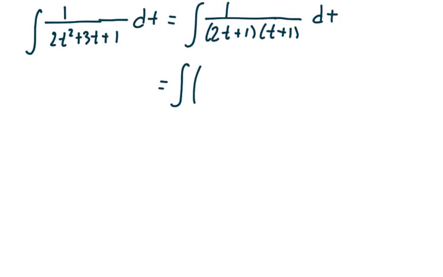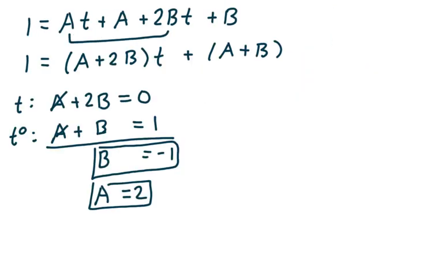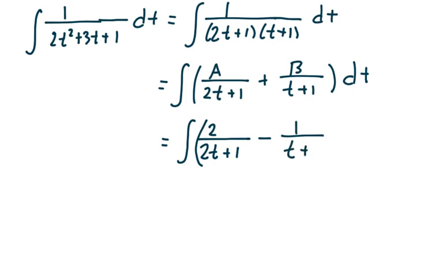So I'm going to get a over 2t plus 1 plus b over t plus 1 dt. But what was a? A was 2. B was negative 1. So I get 2 over 2t plus 1, right, minus 1 over t plus 1 dt.